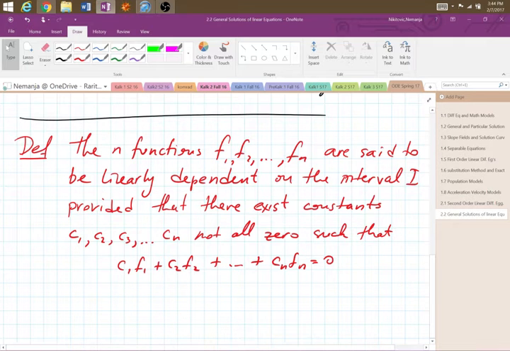So the linear combination will actually equal 0. So that's the definition.